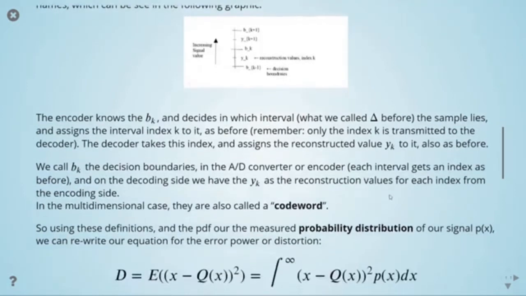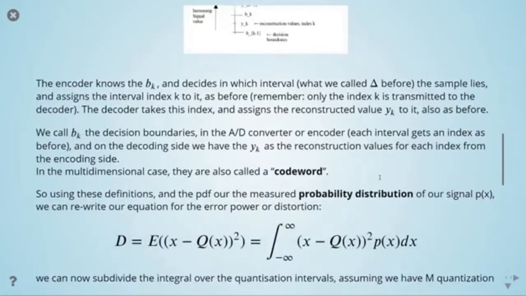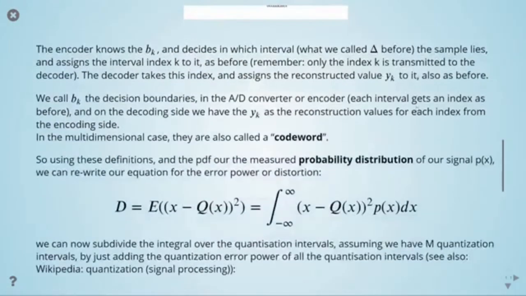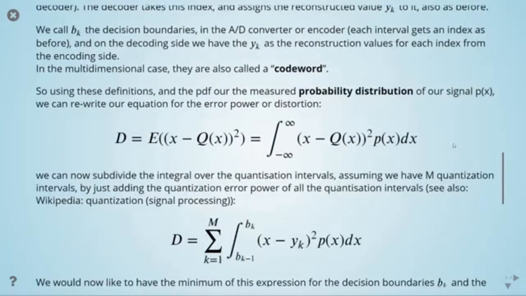So using these definitions, and since we have the PDF of our signal, we can rewrite this equation by this here. Here we are including the probability distribution of our signal p of x, and here we calculate the expectation of the power, the error power or the distortion. But this integral can be subdivided over the quantization intervals.